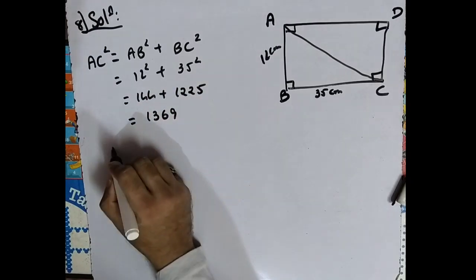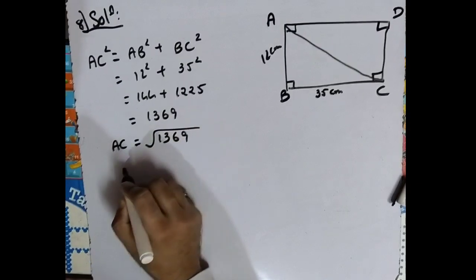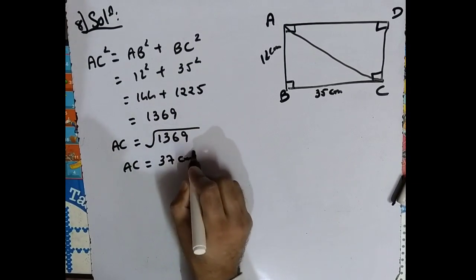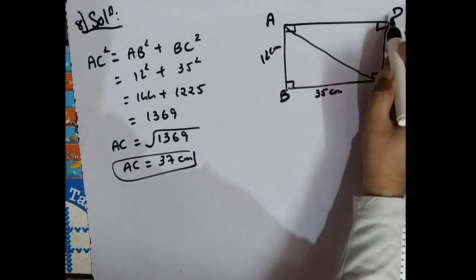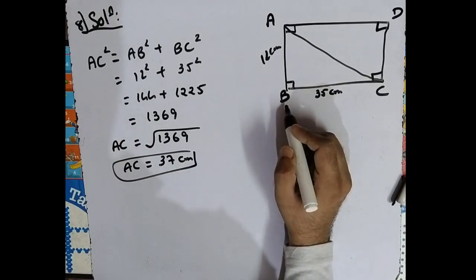If you add this, AC will become root 1369 and square root of 1369 is 37 centimeter. Diagonal AC is 37, so diagonal BD is also 37 because in a rectangle all the diagonals are equal.